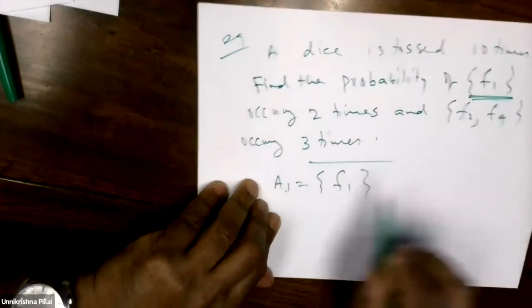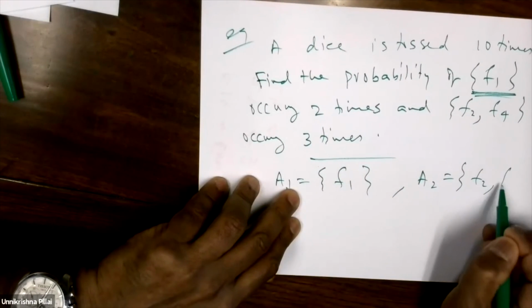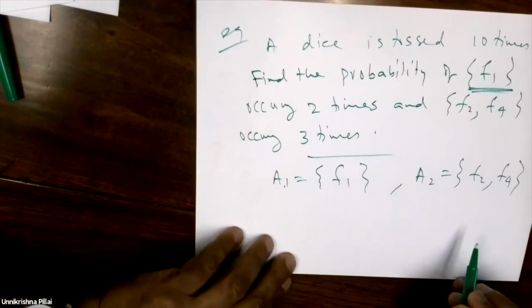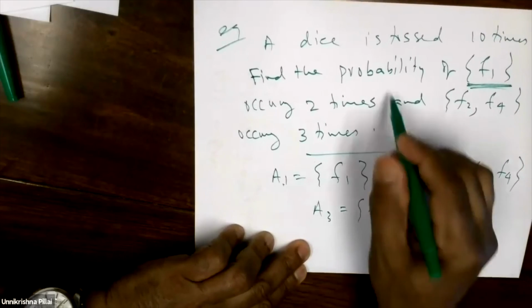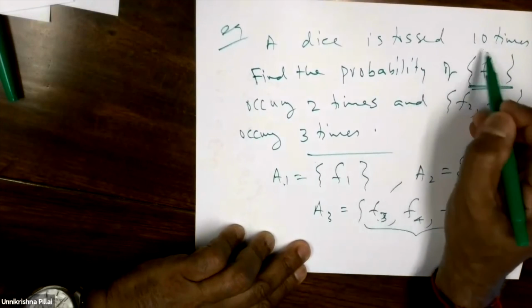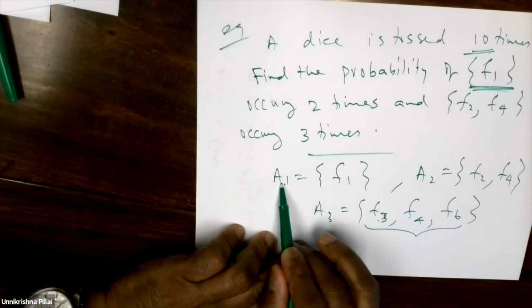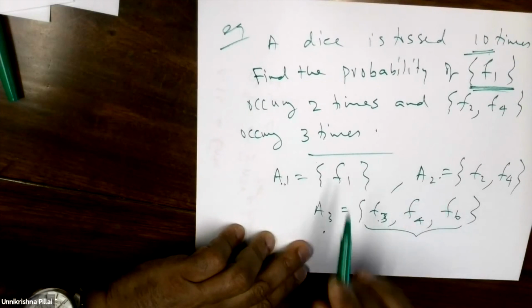A1 is F1, A2 is F2 and F4, and then A3 is F3, F5, F6. Right, because when you perform the experiment, you are going to get the other ones also. So if you toss it 10 times, you can get this or this or this. Depends on the problem.